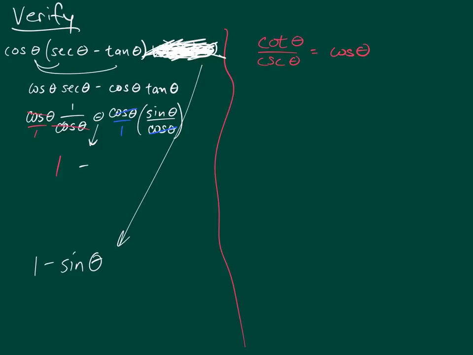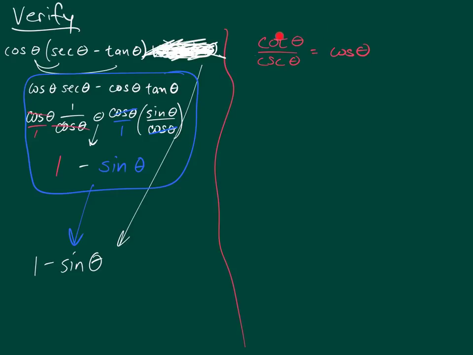And these cosines reduce the exact same way, leaving you with a sine of theta, which is exactly what we're looking for. We're looking for that 1 minus sine theta. So all of this work right here is the solution to prove that cosine of theta times the quantity secant theta minus tangent theta is equal to 1 minus sine of theta.